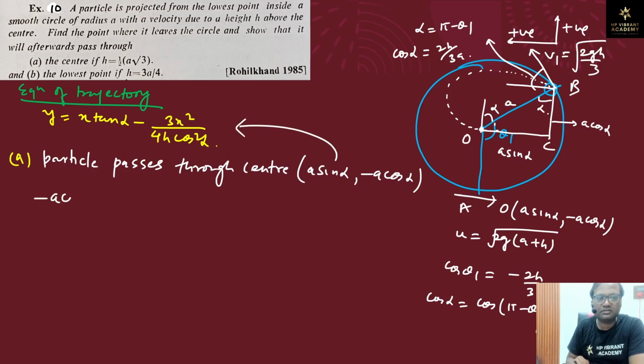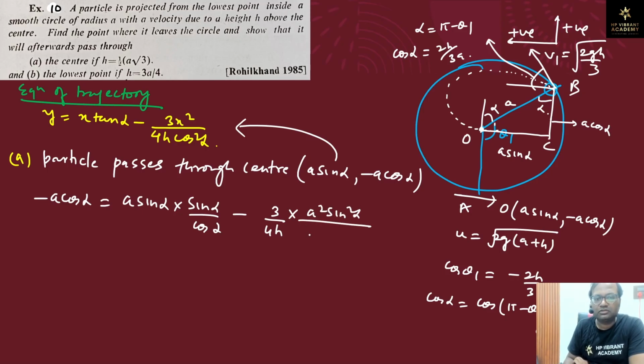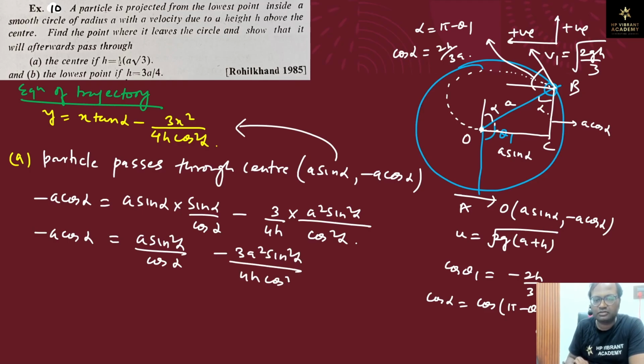So we have minus A cos alpha is equal to A sin alpha into tan alpha, sin alpha upon cos alpha, minus 3 upon 4h into x square, which is A square sin square alpha upon 4h cos square alpha. So minus A cos alpha is equal to A sin square alpha upon cos alpha minus 3A square sin square alpha upon 4h cos square alpha.